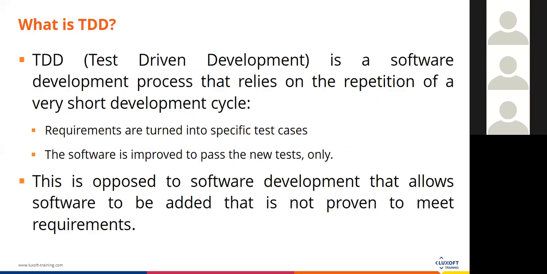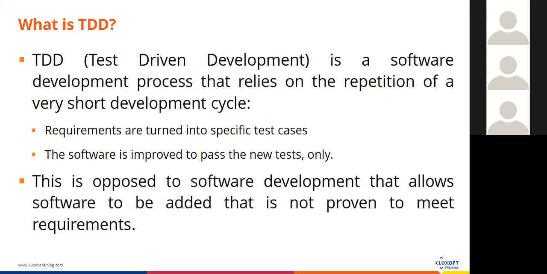Now about the idea of test-driven development. That is a more general idea, and JUnit is one possible framework supporting it. Test-driven development is a software development process, but it is different from the old classical development process in the sense that it starts with a very short development cycle in mind.